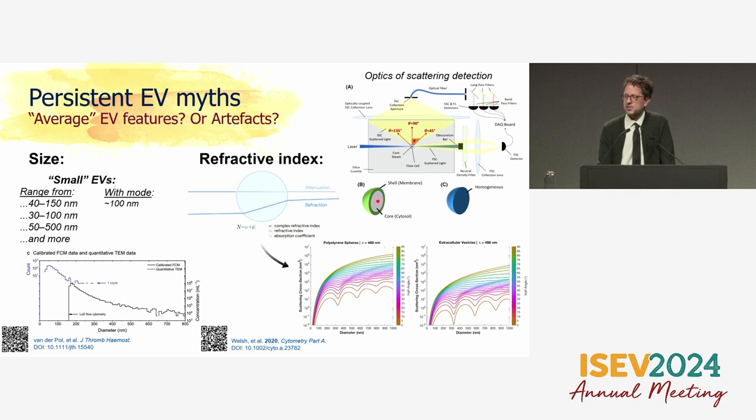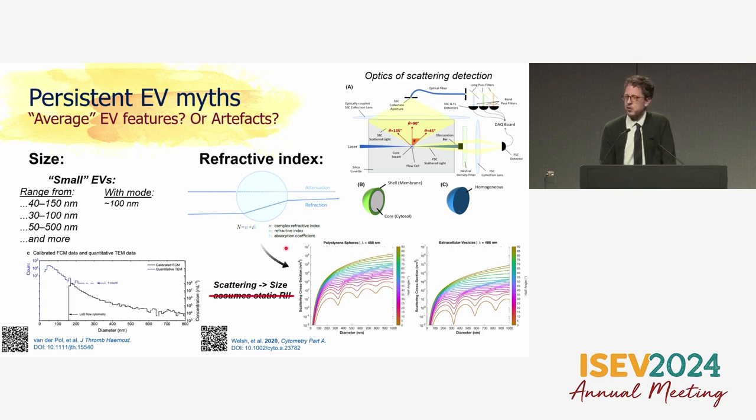So even our most advanced models currently that are trying to turn side scattering into size, they're not considering that EVs have a natural diversity in refractive index, which is related to their materials. So a lot of these you'll see in the NanoView system, in all flow cytometry modeling, are turning scattering into size, and they're all assuming that EVs have a static refractive index. So all EVs, big and small, they say are 1.4, whatever the number that you might be able to float.